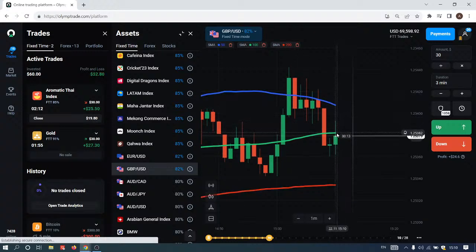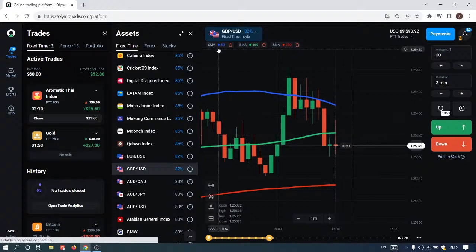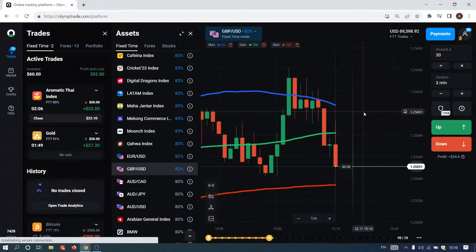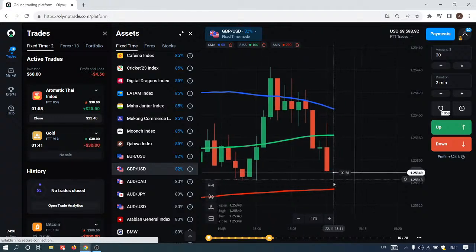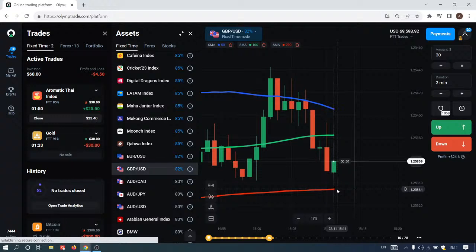Right, and these simple moving averages act as dynamic levels of support and resistance. So in this case right now, GBP USD, price is currently stuck between two SMAs, the 200 SMA and the 100 SMA, right? And basically what you do in this case, the answer is quite simple.